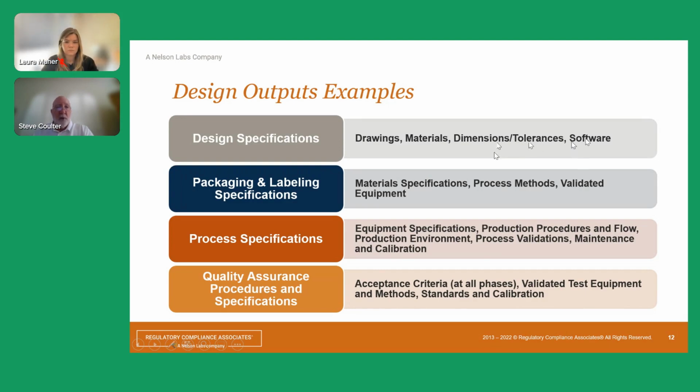It's the software code. You have to, the software specifications. Packaging and labeling is part of your design for medical devices. So it's all part of that, but we pull it out separately. You don't just need your content on your packaging and labeling. You need the material specifications. You need the processing methods. How are you going to put them together?